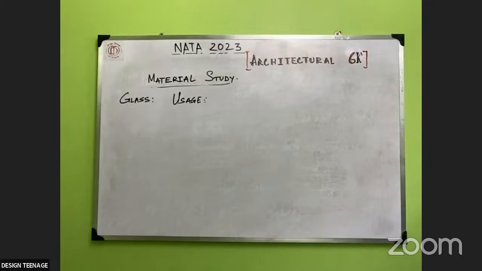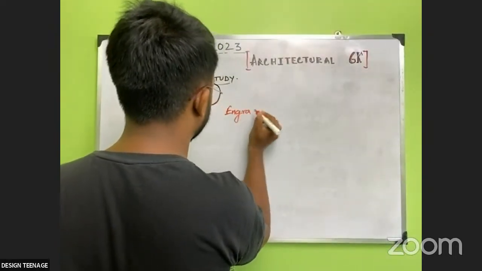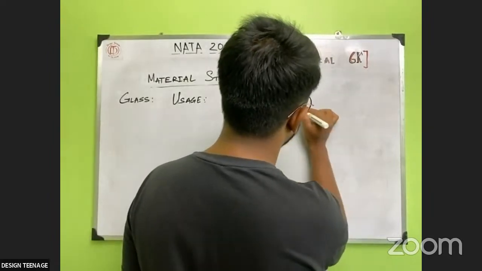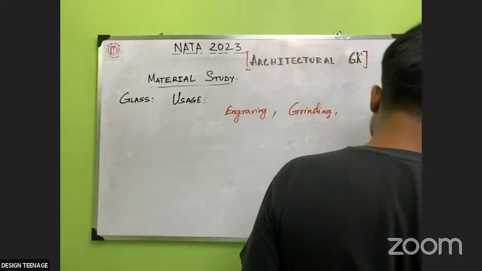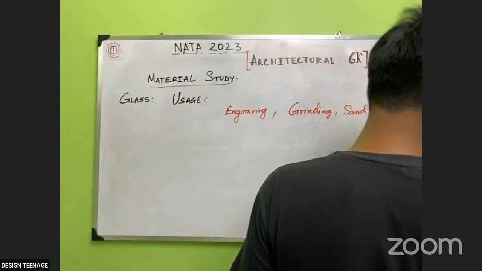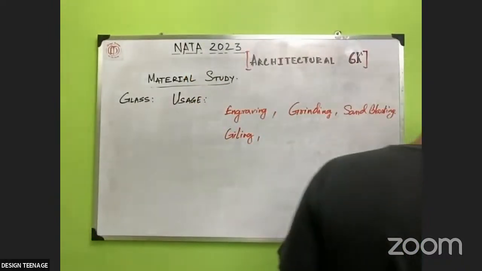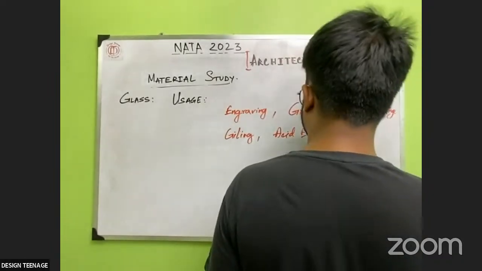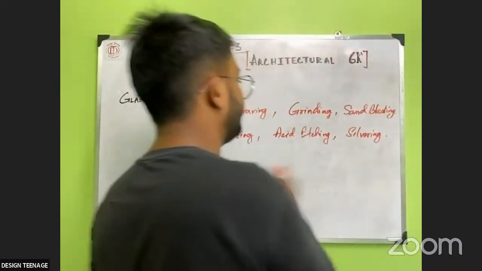We have engraving, followed by grinding, followed by sandblasting, followed by acid etching and silvering. These are the different uses of glass.